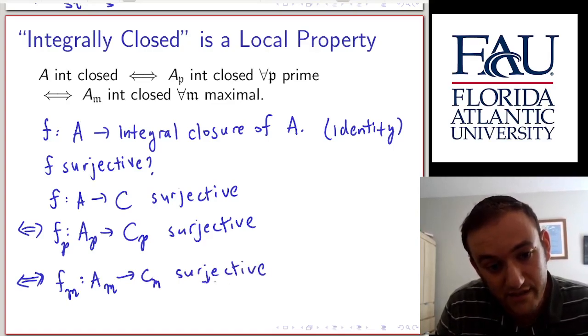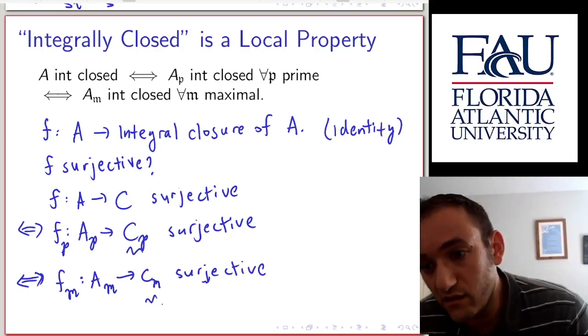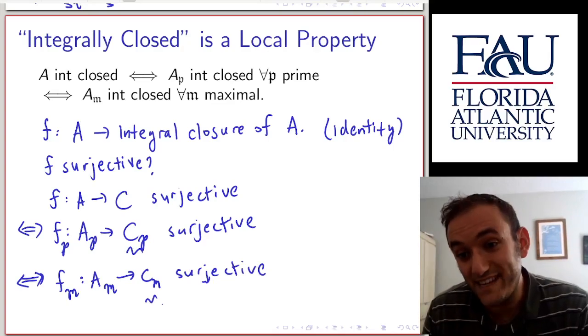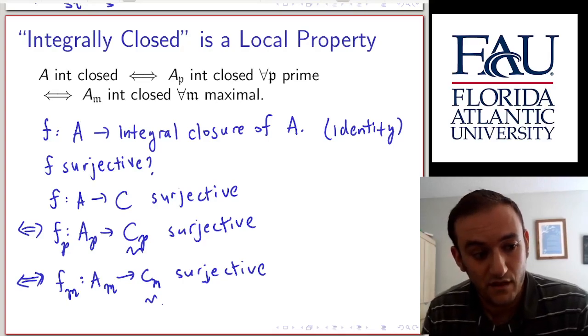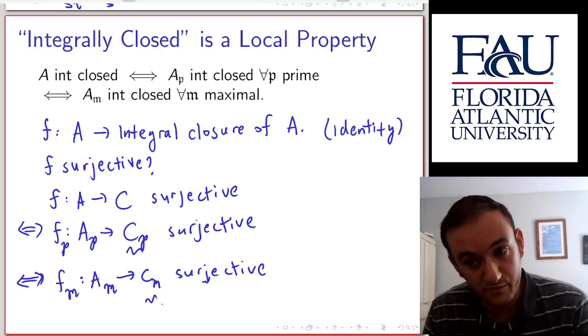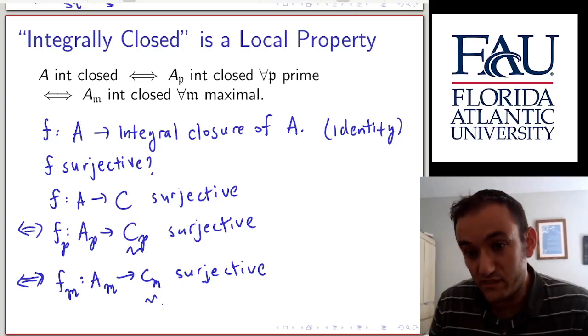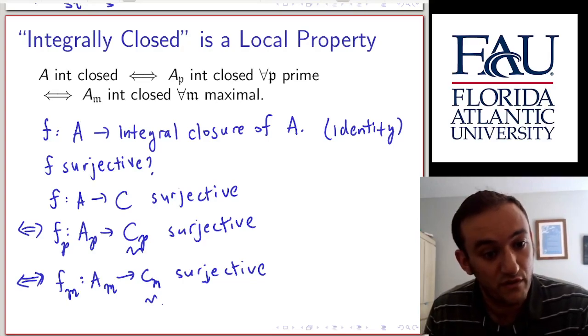And the key here is to see that these rings are localizations of the integral closure, which means that they are also the integral closure of the localization, based on the previous results we proved.